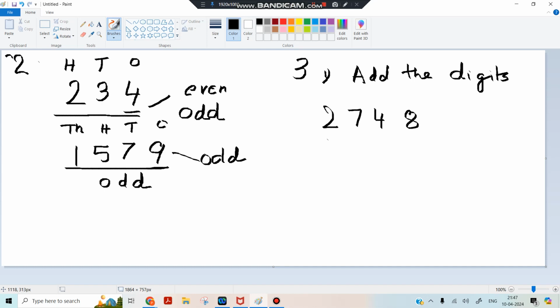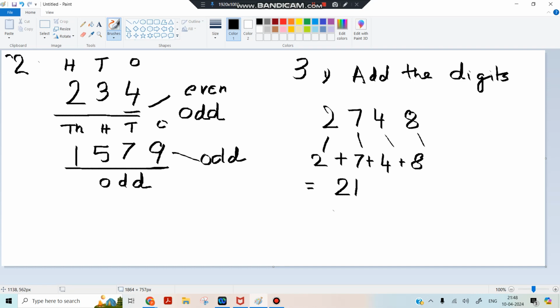So what are the digits? 2, 7, 4 and 8. We need to add them. So 2 plus 7 plus 4 plus 8. What is the total? 8 plus 2 is 10 plus 7 is 17 plus 4 is 21.